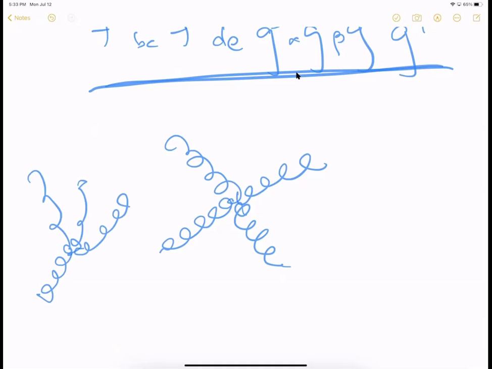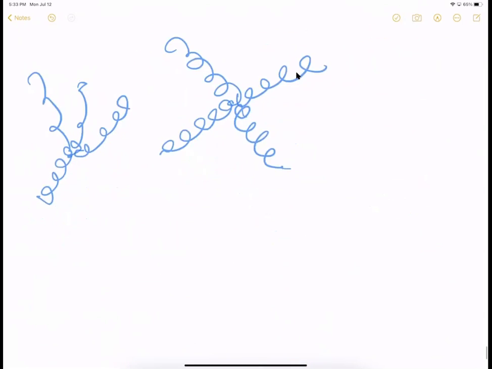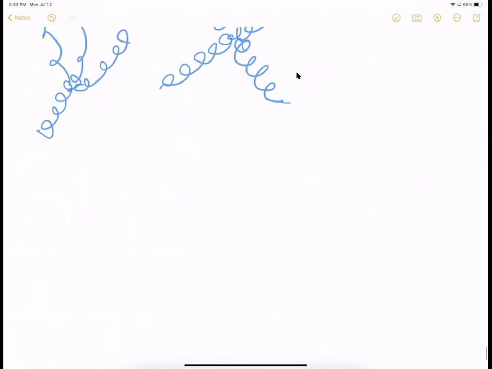Any way you want to rotate those different gluon lines is allowed. So the strong force, and in fact this is true of any non-abelian Yang-Mills theory, because, as you'll see when you do these, we're covering ground like mad here.